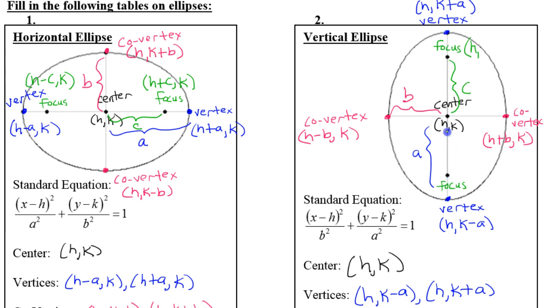The thing that's changing now is the y value. Starting from the y value of the center, which is k, this focus is up c, so that's k plus c, while this focus has an x value of h, but the y value is down c, so that's k minus c.